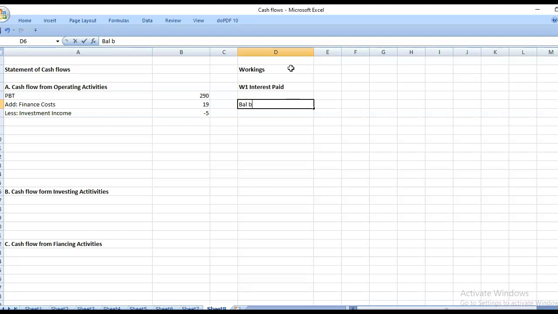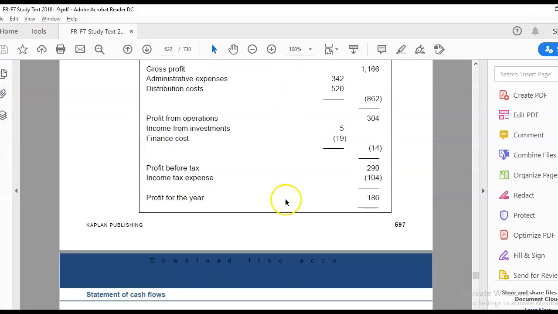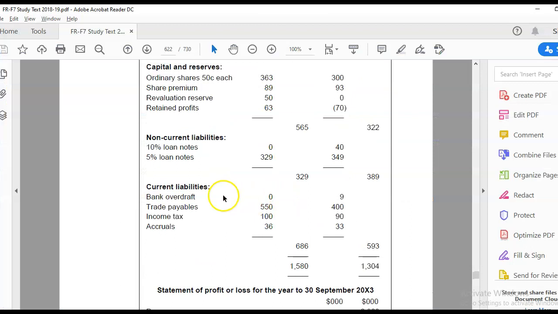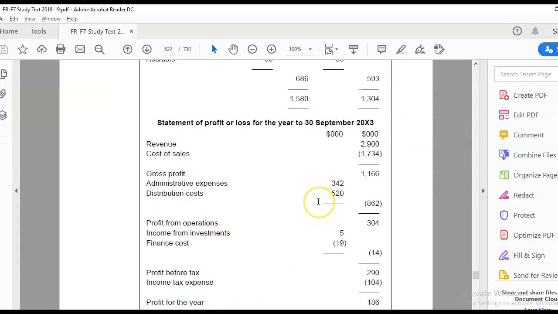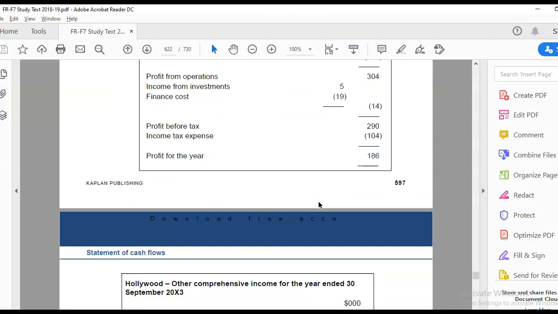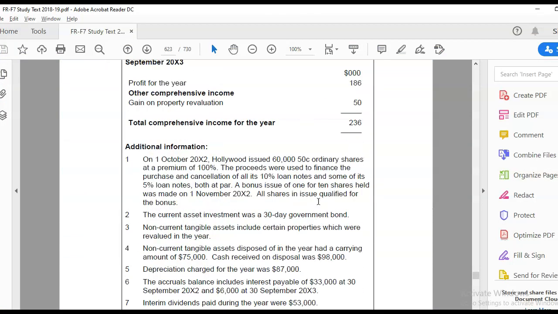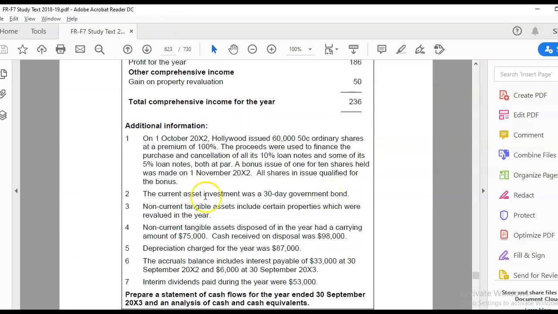So this is the opening balance in my balance sheet for any interest payable. I'll go to my balance sheet and I'll check in my current liabilities if there is any interest payable. Well, nothing. So no opening, no closing. Let's see if the notes mention anything about it. Yes, there's a note.